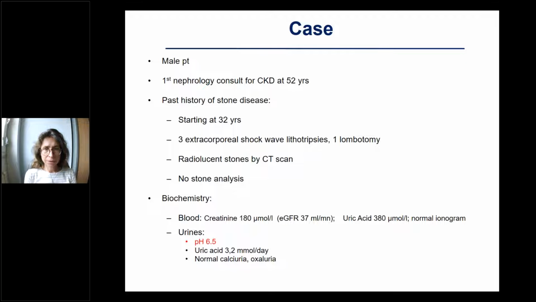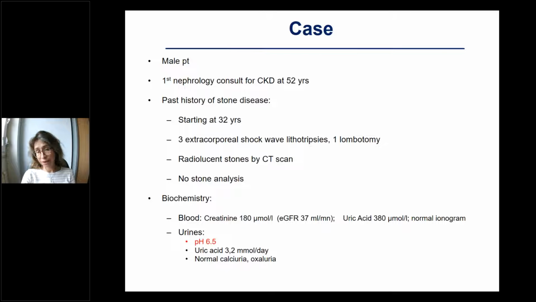We will start with a case report of a patient who had his first nephrology consult for chronic kidney disease at 52 years of age. He has a past history of stone disease starting at 32 years of age. He already had 3 extracorporeal shockwave lithotripsies, 1 lumpectomy, and some radiolucent stones were seen by CT scan, but no stone analysis was performed.